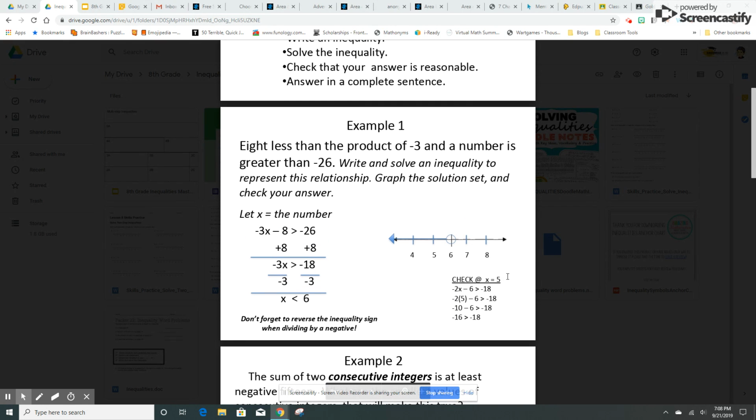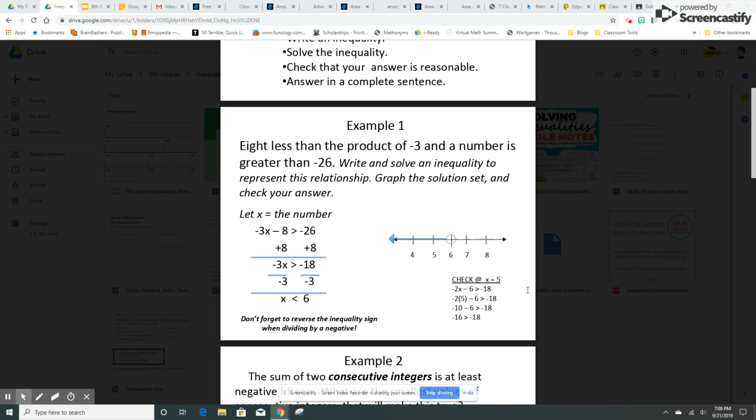So let's look at this first example. 8 less than the product of -3 and a number is greater than -26. So let's think about this. When it says 8 less than, it means it's going to be something minus 8. And what it's saying that we're subtracting 8 from is the product, which is a multiplication problem, of -3 and a number.